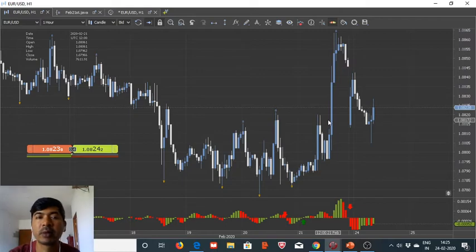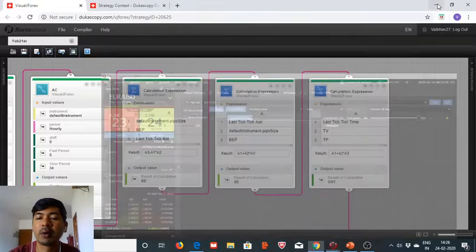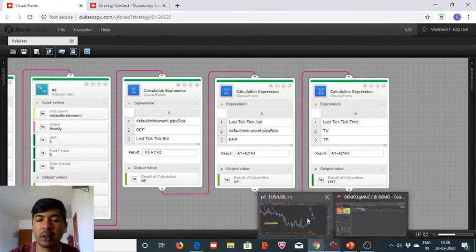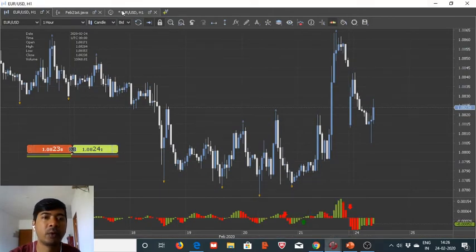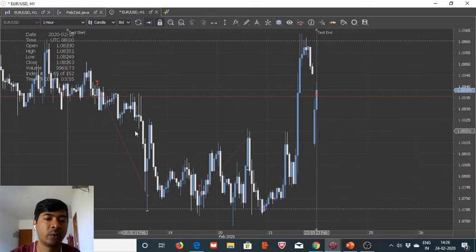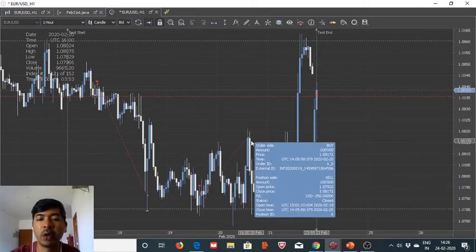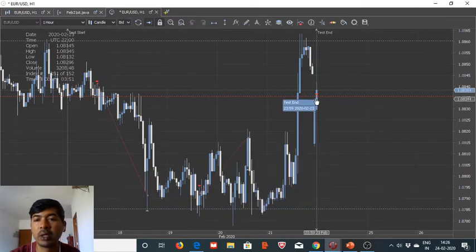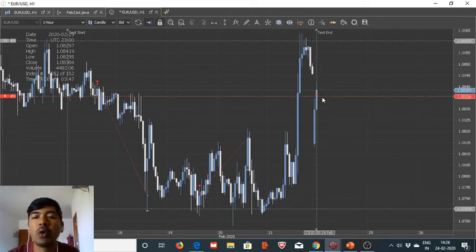So because of that, only thrice our orders got executed, and in that, once the position closed in profit, once the position closed in loss, and on another occasion the position was open when the testing closed.